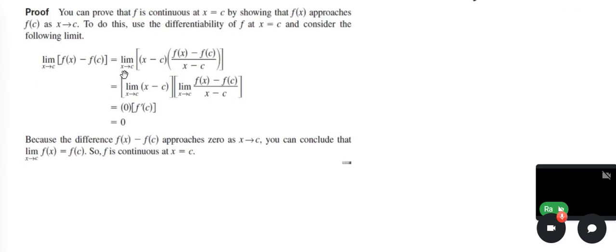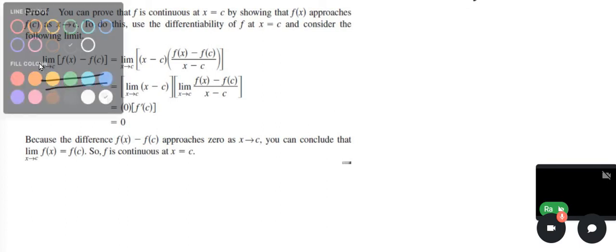We take the limit of f(x) minus f(c) as x approaches c, and I multiply and divide by x minus c.